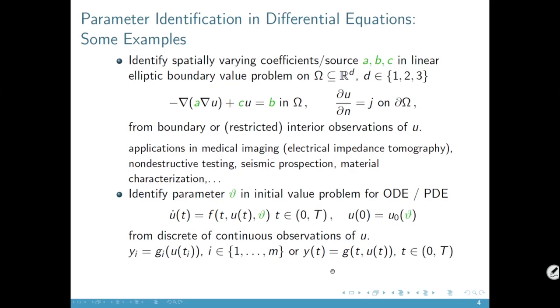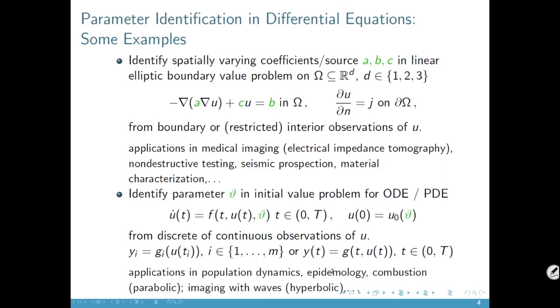So the green object is here the one that is to be identified, and the observations are ideally observations over time, very ideally full observations, a bit more realistically indirect observations formulated by this G over here, or even more realistically formulated not continuously over time, but just at discrete time instances.